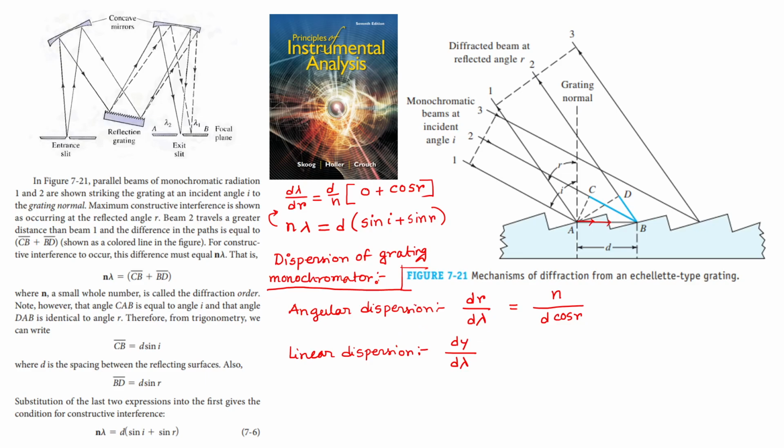So that we can write. So dy we can write actually as f dr by d lambda, where f is the focal length of the mirror, and dr by d lambda, you already know that is the angular dispersion.